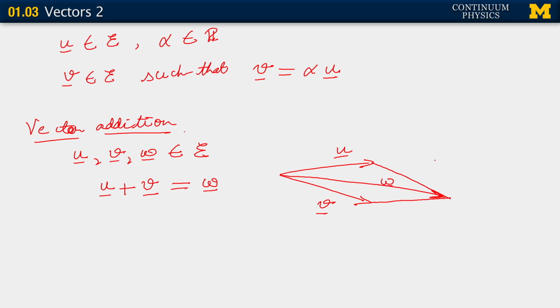This is the parallelogram construction. That's what allows us geometrically to define what u plus v is, and in this case, it's w as drawn. Of course, there's another rule, the triangle rule, and they're essentially equivalent.